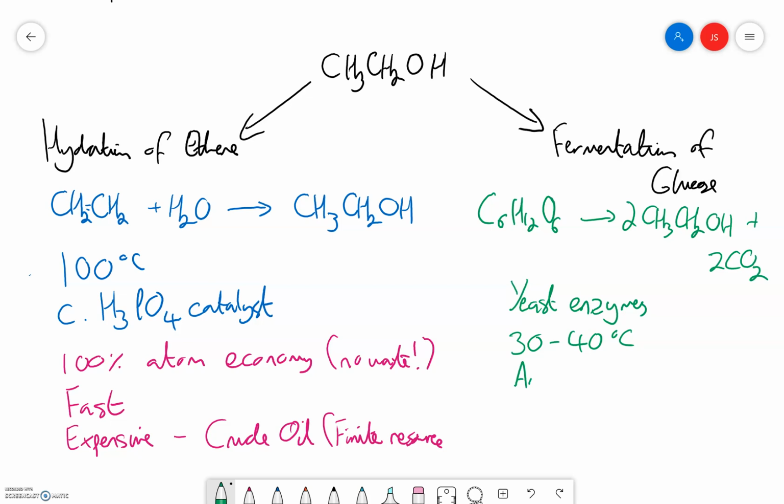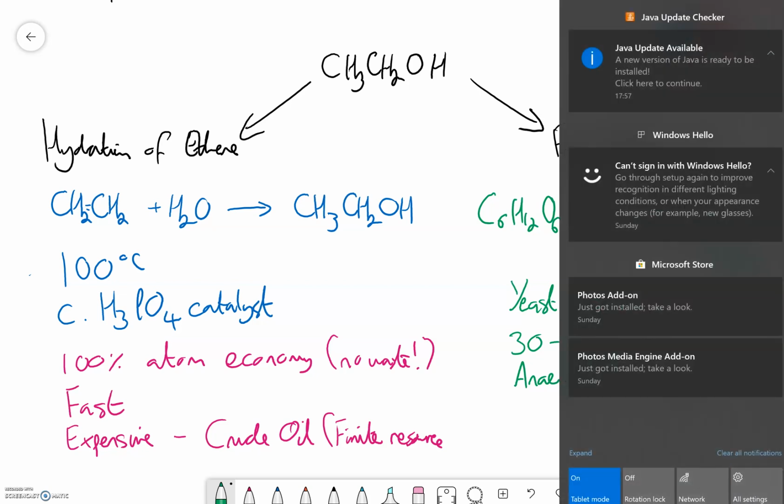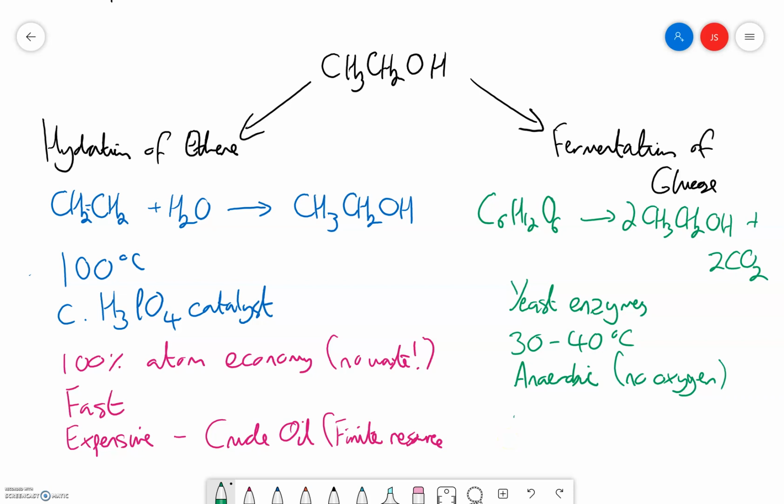It needs to be anaerobic as well, so no oxygen. That will help prevent the ethanol from oxidizing further, and it's also what conditions the yeast need to be in to carry out this fermentation. Another is that it needs to be in aqueous conditions for this to occur.